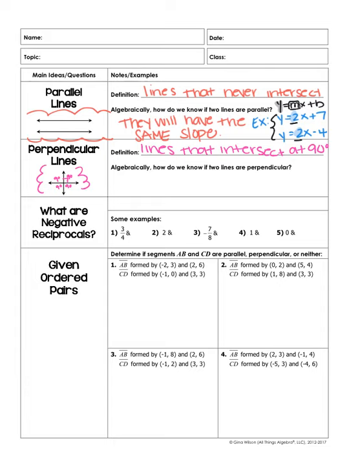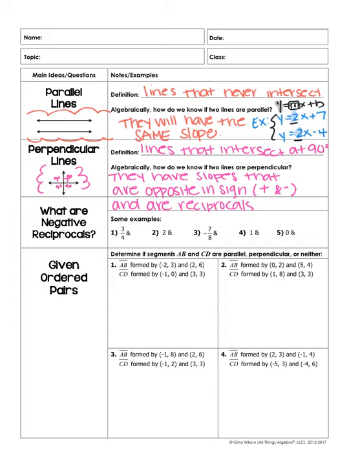They have to have slopes that are opposite in sign, which just means one is positive and one is negative, and are reciprocals, which means they are flipped versions of each other.